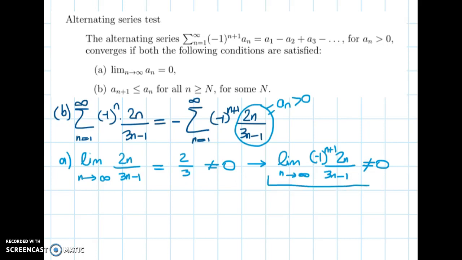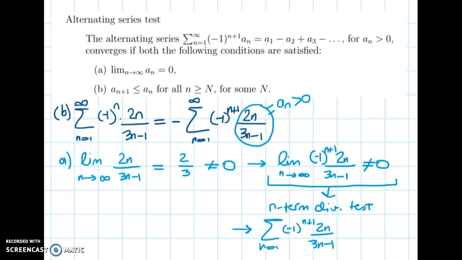Just here, without doing anything else, we can apply the n-th term divergence test, and then we can conclude that the original series diverges. Well, not exactly the one we started with, but it's the same: if this one diverges, the one with the negative sign in front also diverges, so the original one diverges.